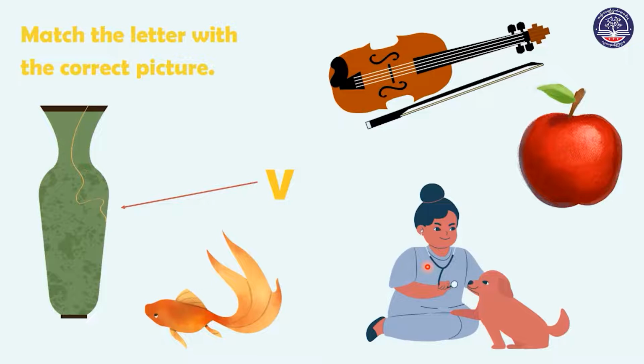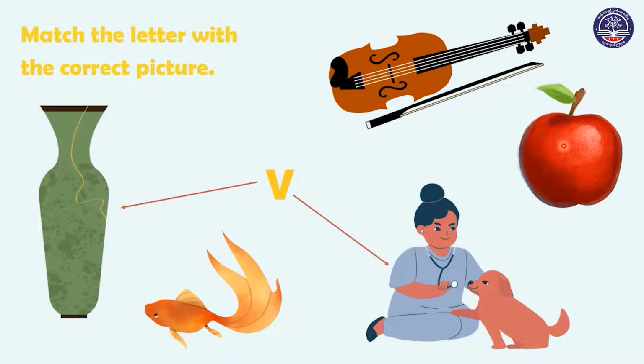Does vet start with letter V? V, V, vet starts with letter V. Correct. So we will have to match it with letter V here. Okay, so let's draw a line. Good job, everyone. Now, let's move on to the next one.